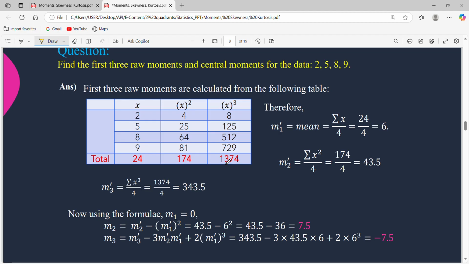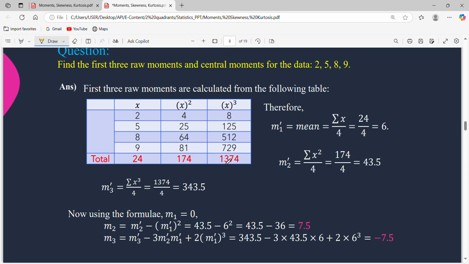Why? Because in raw moment a equal to 0, and in central moment we have a equal to the arithmetic mean, that is x bar. So between the two, finding the raw moment is easy. That's why we first find the raw moments, and then with the help of the relation between raw moment and central moment, we are able to find the central moments also.